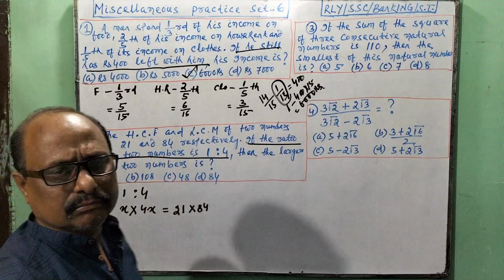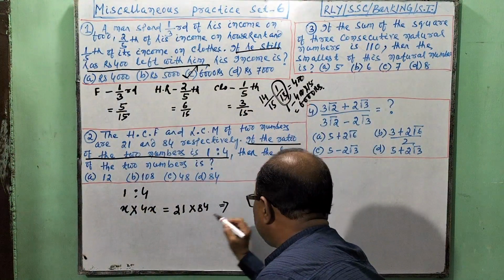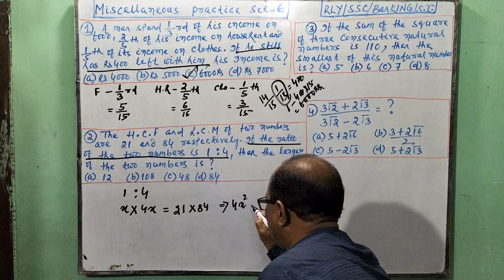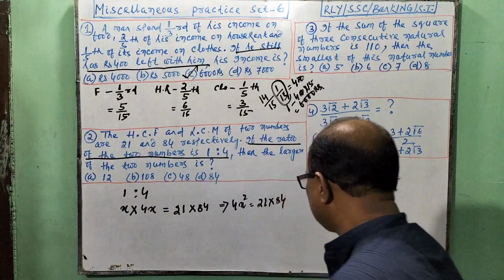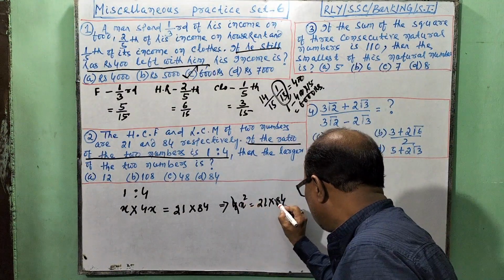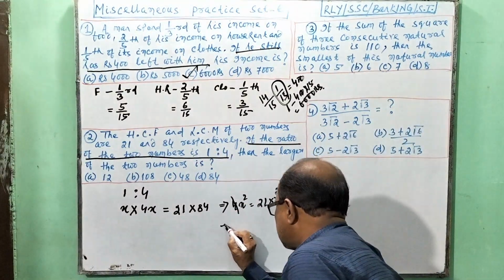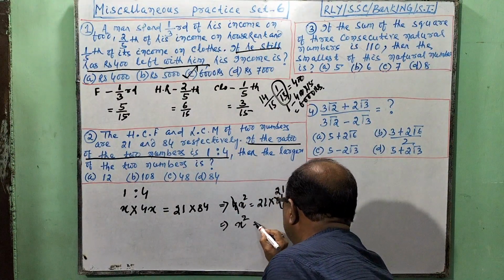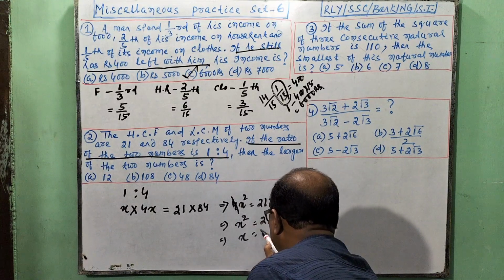Simple question. So 4x square is equal to 21 into 84. 4, 2, 8, 1. So x square is 21 into 21, so x is 21.